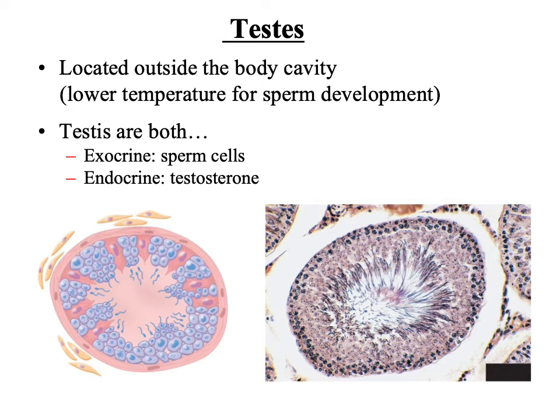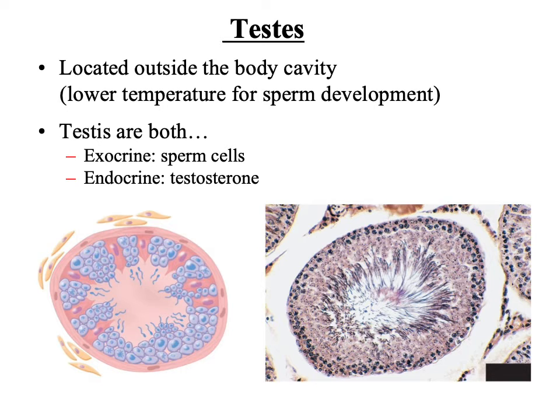So in a sense, since testosterone is a hormone, in part the testes can be considered endocrine in nature. So the cells that secrete that would be endocrine cells. But another secretion really is the sperm that are produced here.